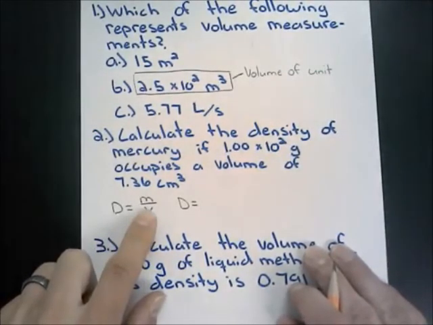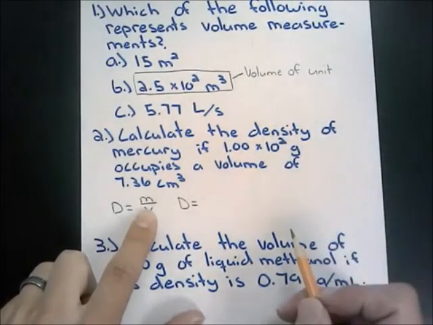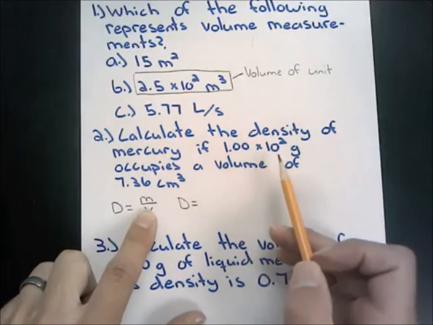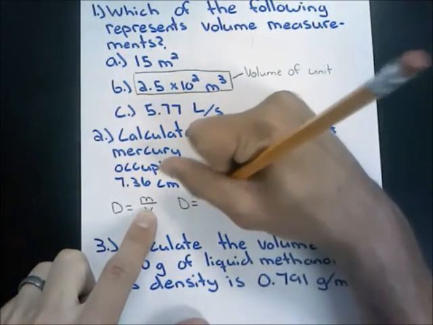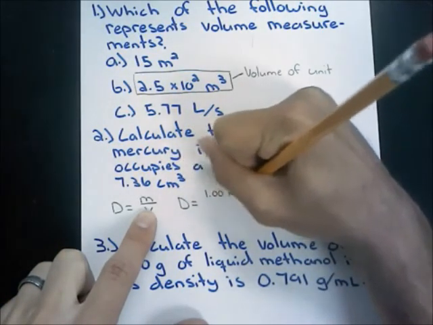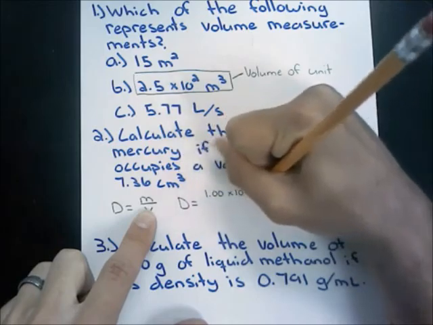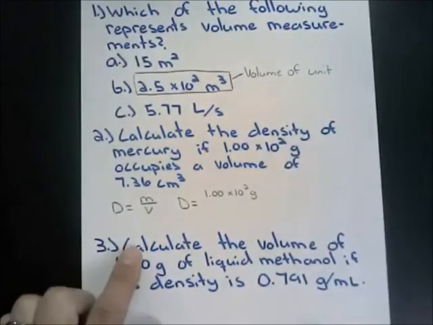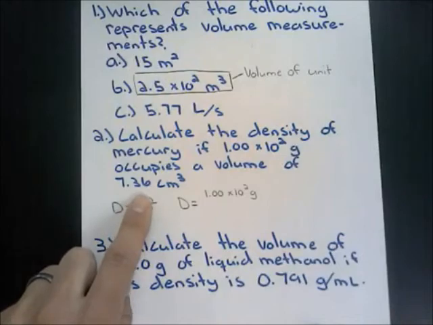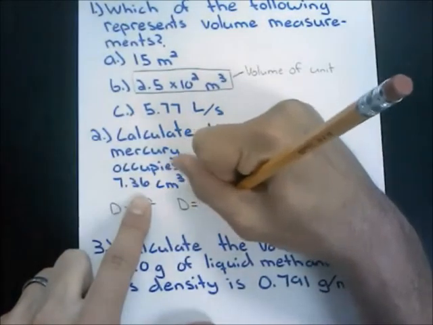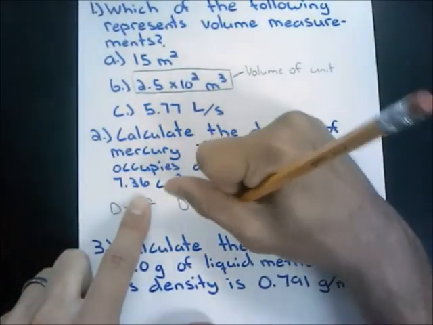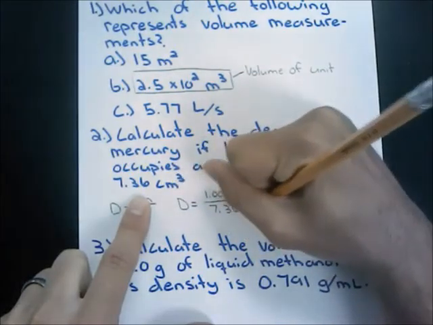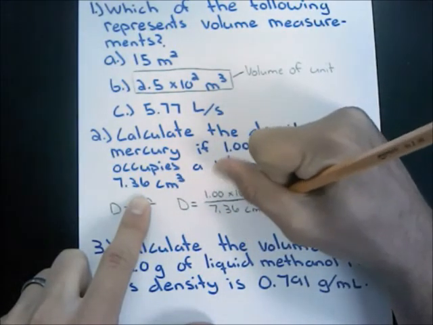Now M for mass, in this particular problem, is 1.00 times 10 to the second grams, all divided by our volume, which is 7.36 cubed centimeters.